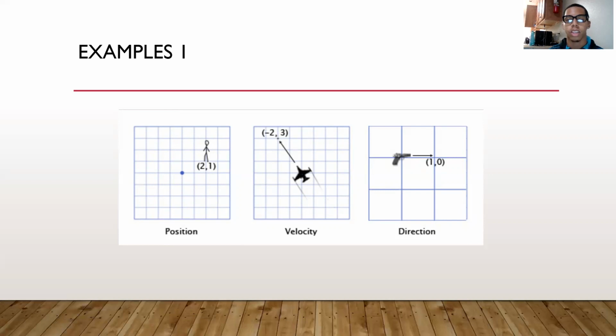Gaming would again look at the graph, and here we have a plane going in the direction of -2, 3, and this vector would be calculated. They'll calculate the velocity of this vector by finding the magnitude.